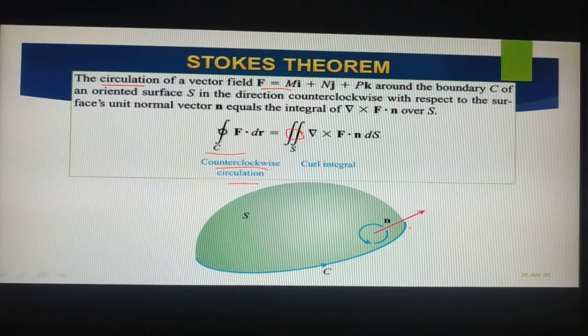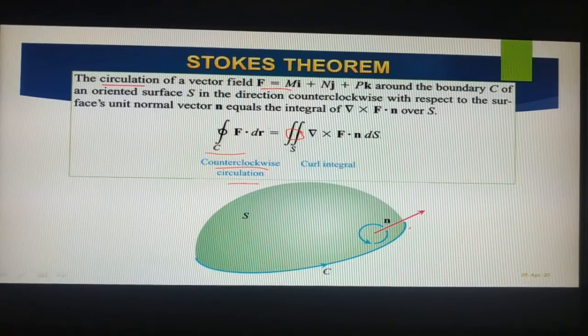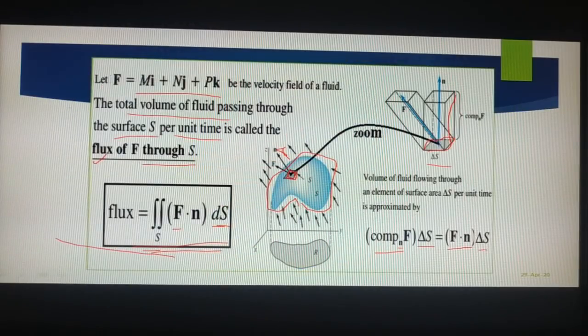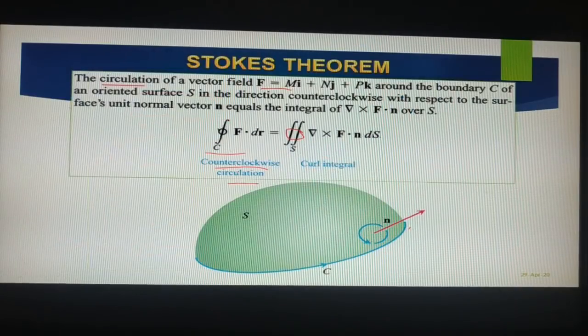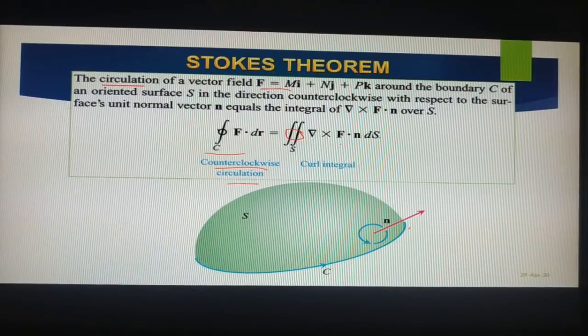Now this is exactly equivalent to your surface integral. Just now we learned how to find the surface integral F bar dot n cap dS. F bar is your vector field. Now here we are not directly taking F bar dot n. The reason is that there we are finding how much flux is going outside the surface in total.